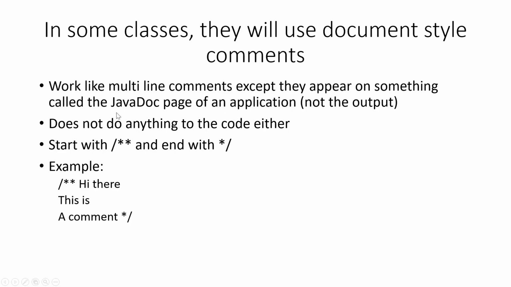Just like any other comment, it will not do anything to the code. It's merely used to describe it on a Java doc page as well. The difference is that it'll start with a forward slash and then 2 asterisks, not 1, but 2, and then it'll end with the same closing syntax. An example of this will be, hi there, this is a comment.